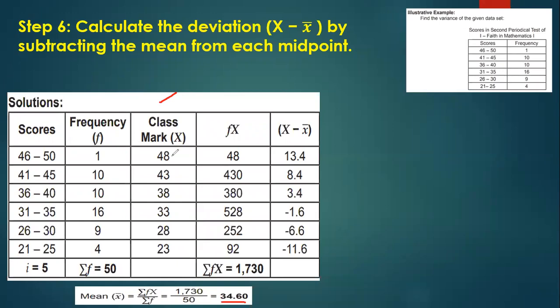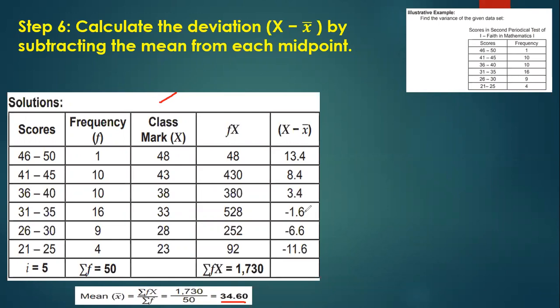So 48 minus 34.6, the answer is 13.4. 43 minus 34.6 will become 8.4. 38 minus 34.6 will become 3.4. 33 minus 34.6 will become negative 1.6.